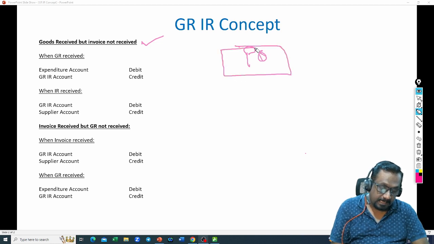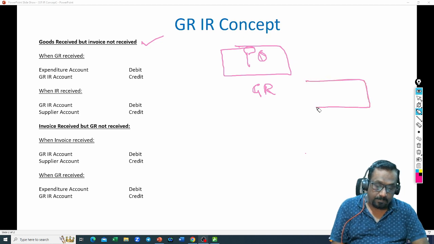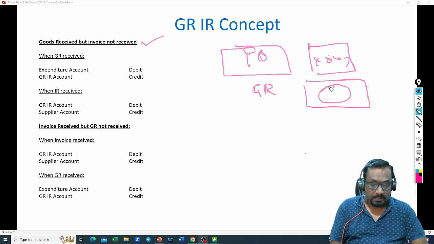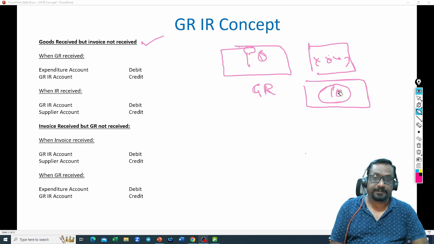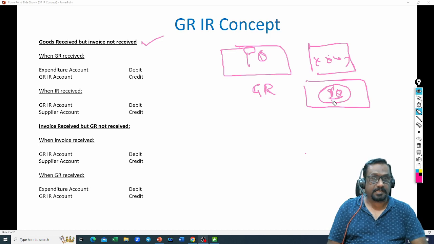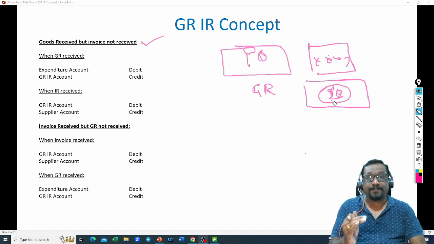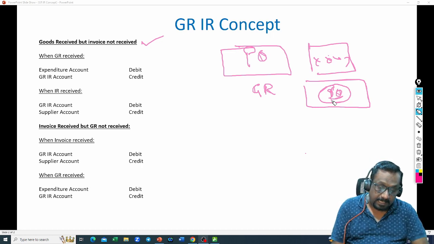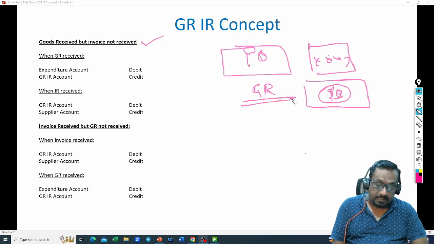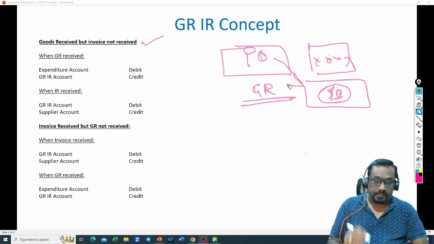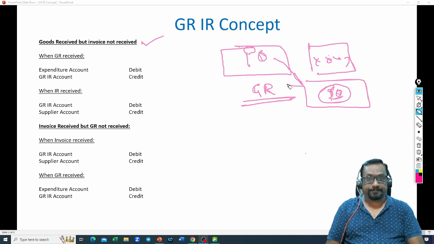Against that PO number, there will be a GR field. Against this PO, he will go and update the quantity here, okay, 10 quantity received or 20 quantity received. He will update the GR here. So as and when the GR is received, that will be updated against the PO. This is the quantity we received.